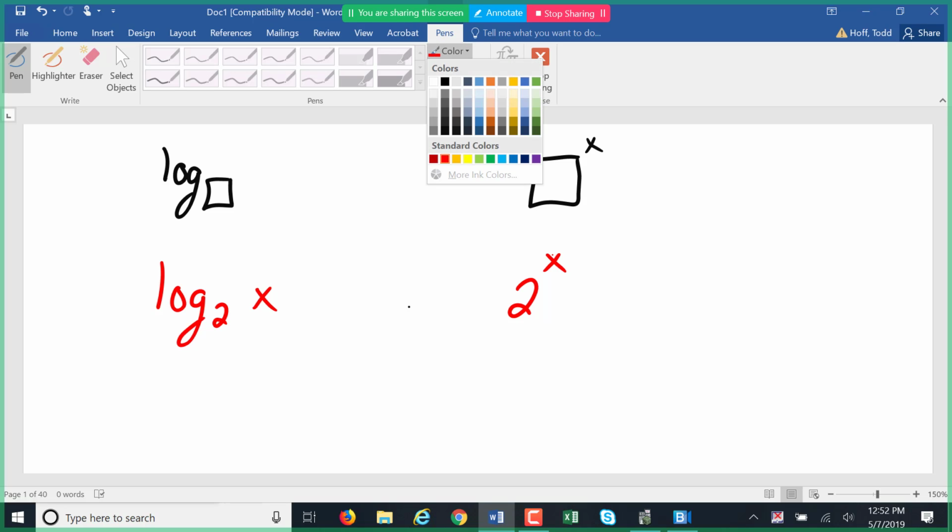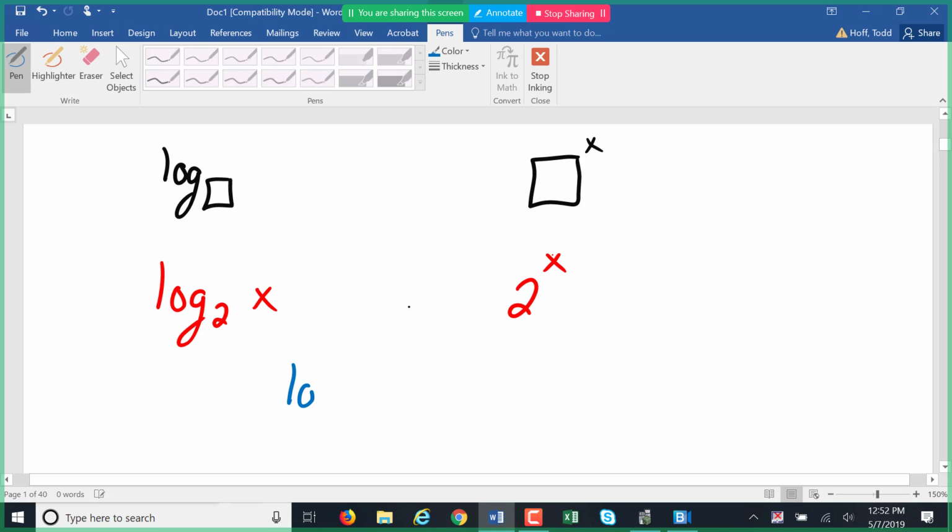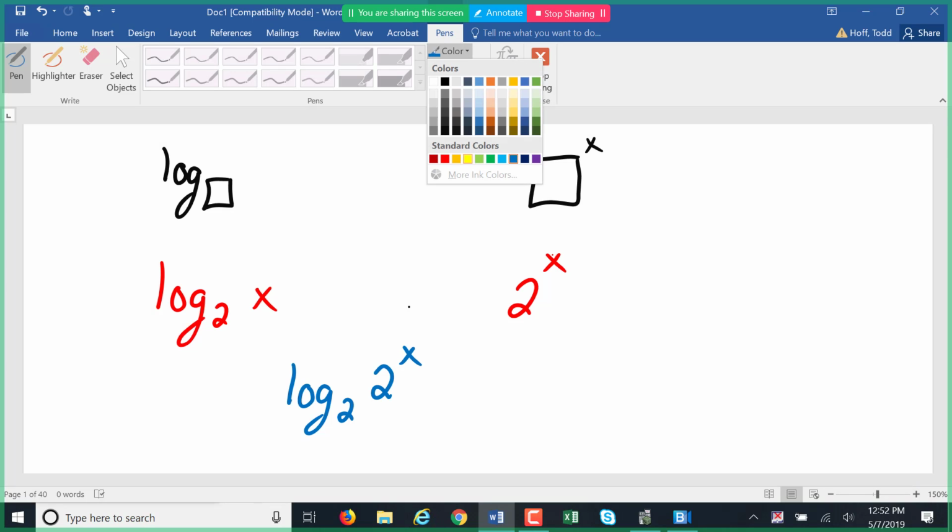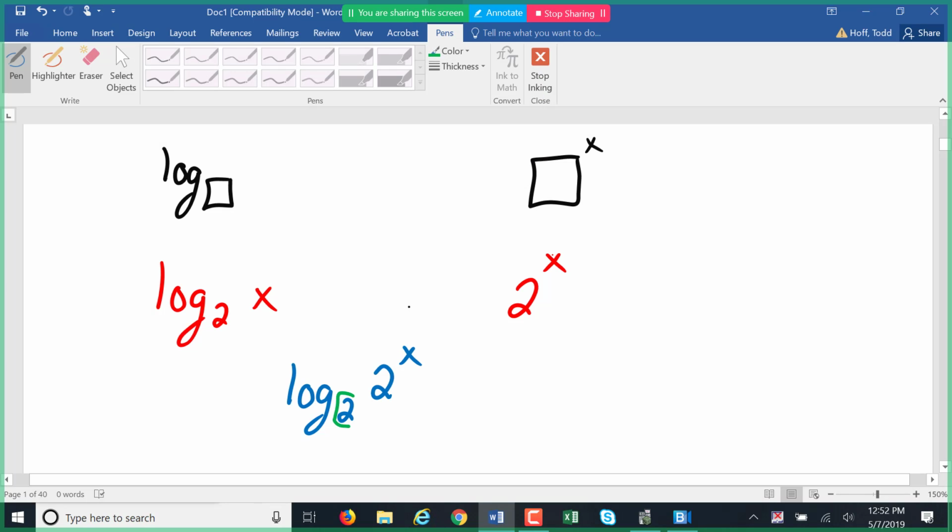So what does that mean? That means if I do a log base 2 of 2 to the power of x, the base of the log and the base of the exponent will cancel each other out, and that's going to give me just x, or whatever the power is there.